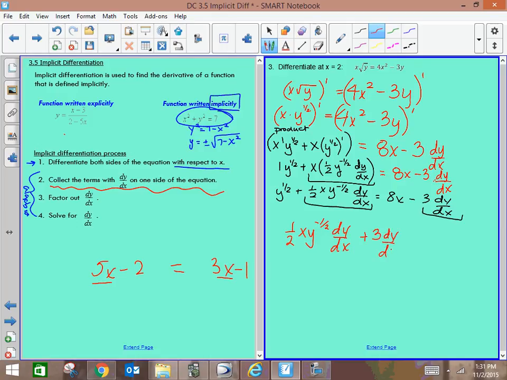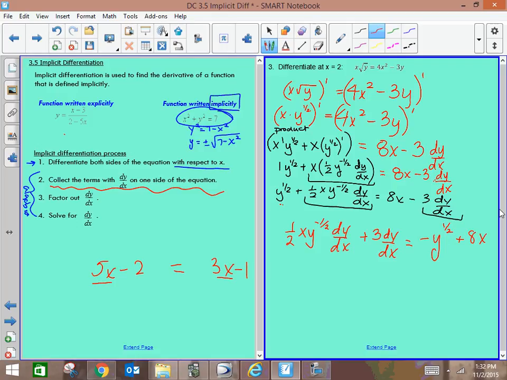This term goes to the right because it doesn't have a dy dx on it, so it's negative y to the 1/2. And this one is already over here, so it stays 8x. So it's algebra. You're just concentrating on adding, subtracting, and putting your dy dx on one side.